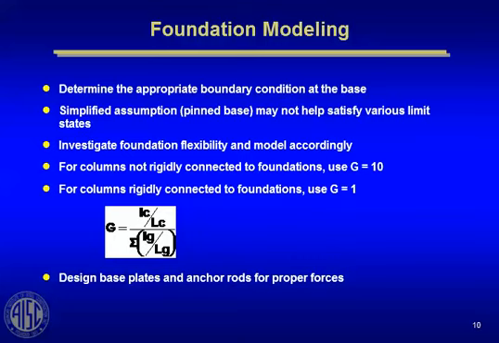It's been standard practice for many years in the AISC specification to say that, rather than assuming a pin base, most footings or foundation systems would really permit a rotational stiffness more akin to assuming G equal to 10, where G is the ratio of the sum of I over L of the columns to the sum of I over L of the girders that frame into that joint. Taking a G equal to 10 is a reasonable boundary condition.